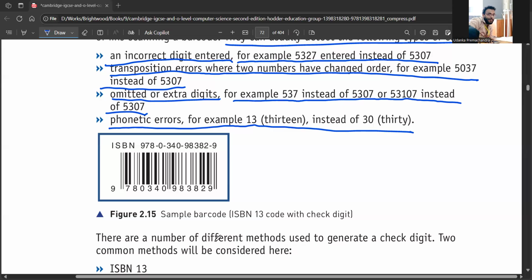You can write down these are about check digits. Okay, the main thing.